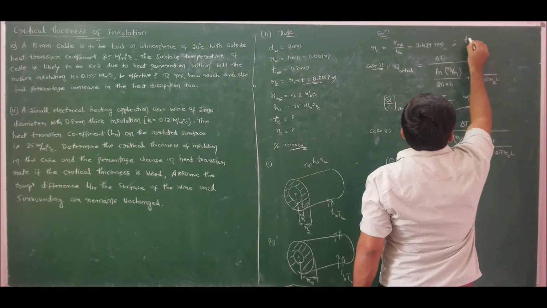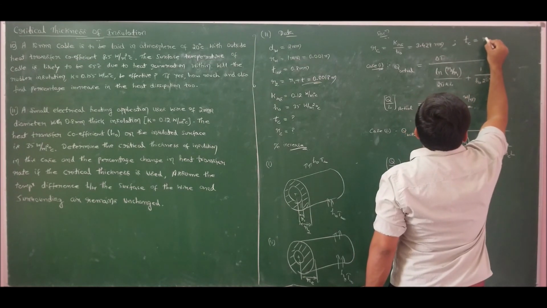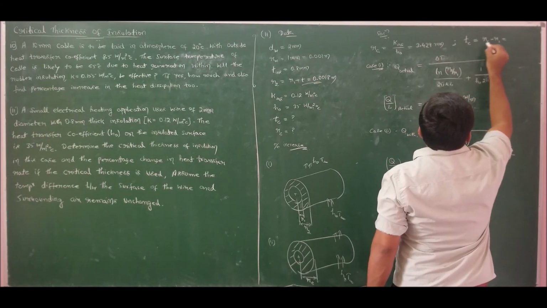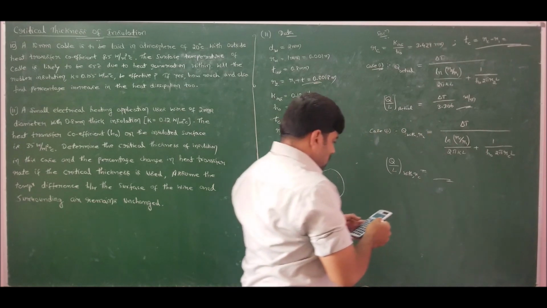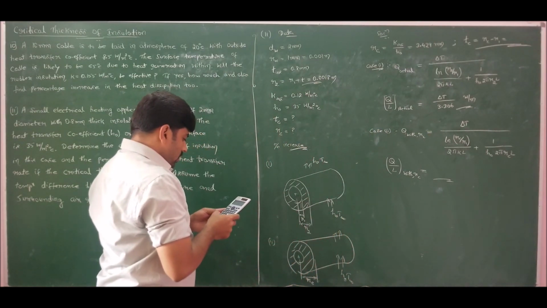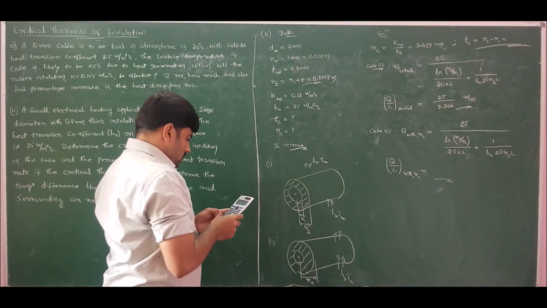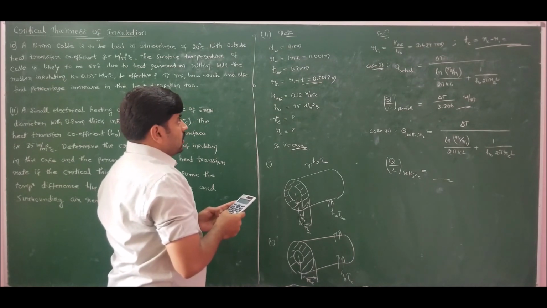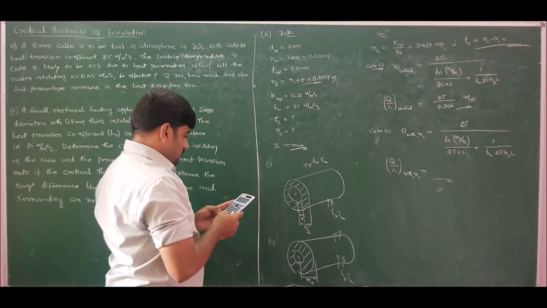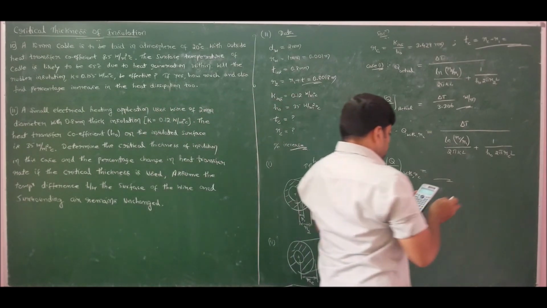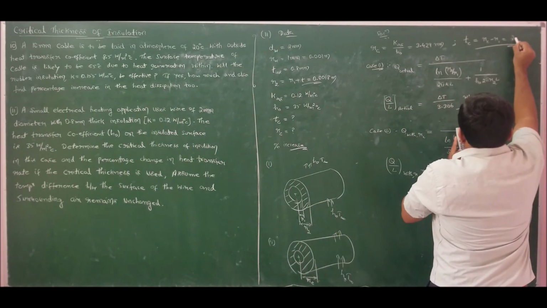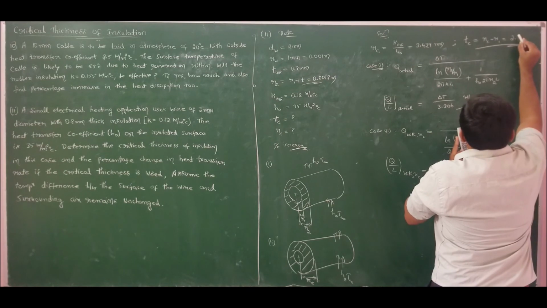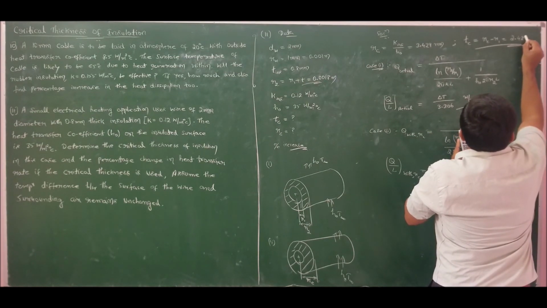Critical thickness is RC minus R1. Kindly write it. RC minus R1 is 3.429 minus R1, R1 is 1 mm. Critical thickness is 2.429 millimeters.